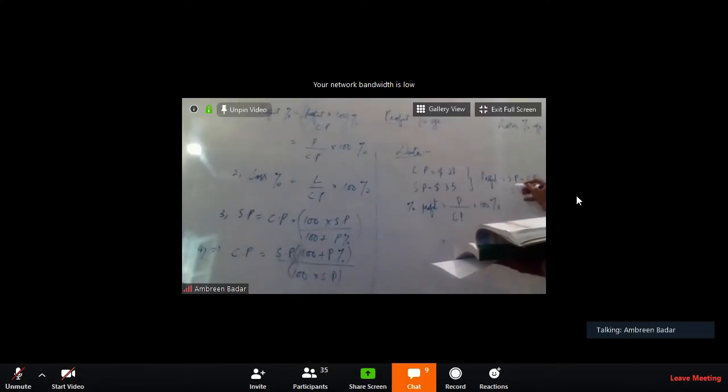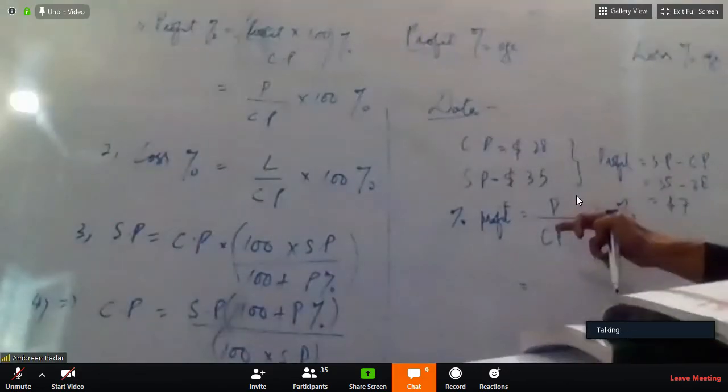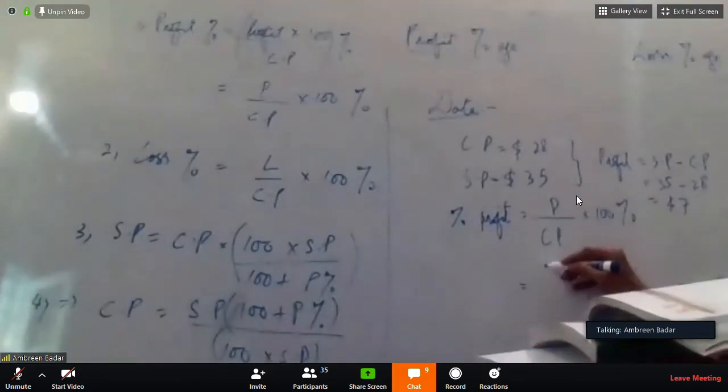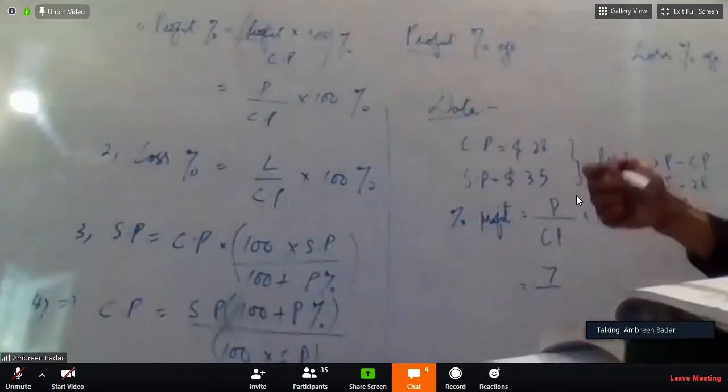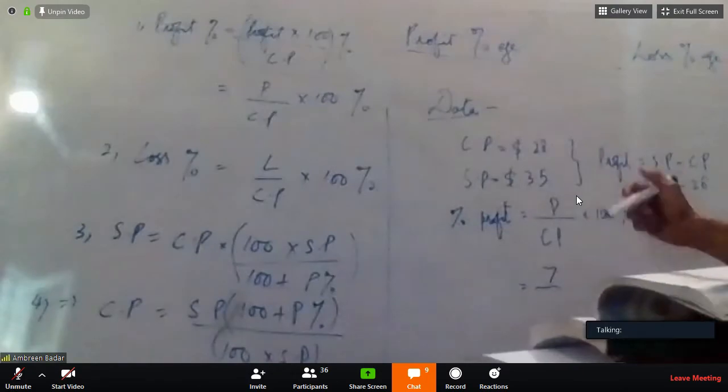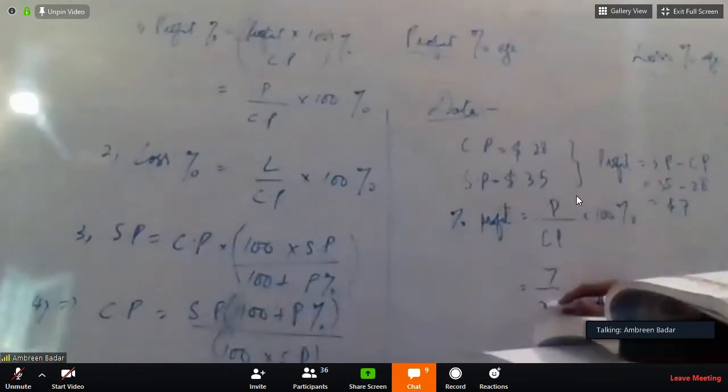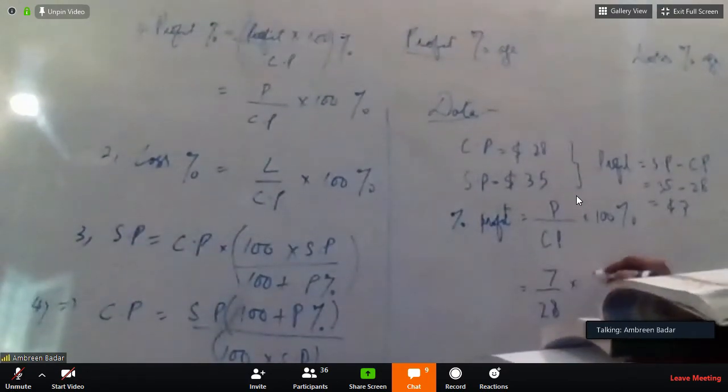Selling price is 35 and the cost price is 28. The profit is nothing but $7. Now use it in calculating the profit percentage. Put a 7. Cost price, again we need the cost price. Cost price was 28. Multiply this by 100.